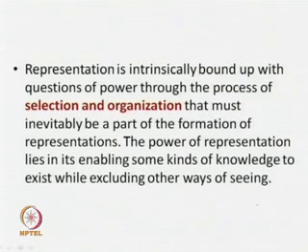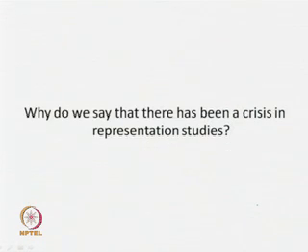We would say that the power of representation lies in the fact that we select and organize things according to the ideology of the culture in which we live. So, the power of representation enables, in a Foucauldian sort of way, some kinds of knowledge to exist while excluding others. Okay? So, inclusion and exclusion are part of it, and selection and organization is what gives power to the representation.